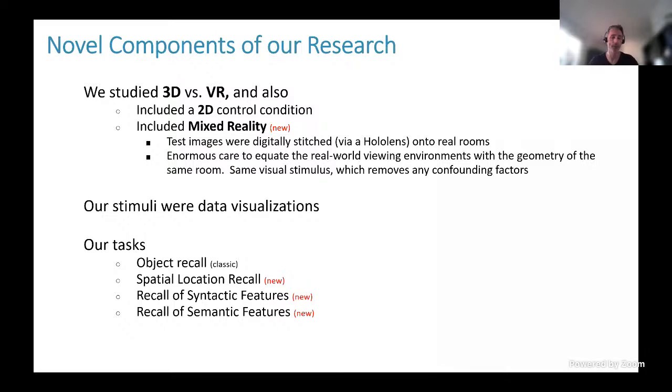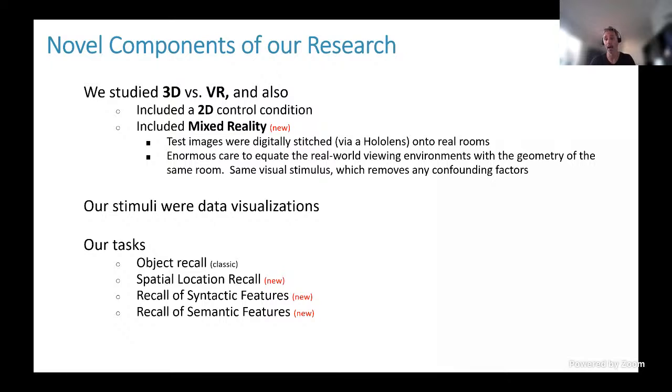So compared to the state of the art, we study 3D versus virtual reality, as Krokos and colleagues did, but we also added the 2D condition, images by images, and also the mixed reality.